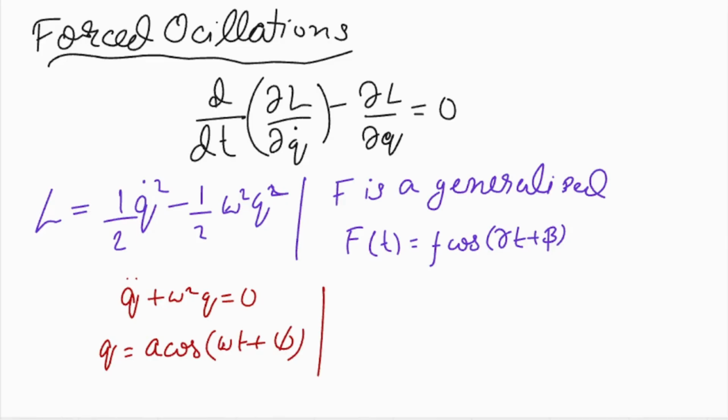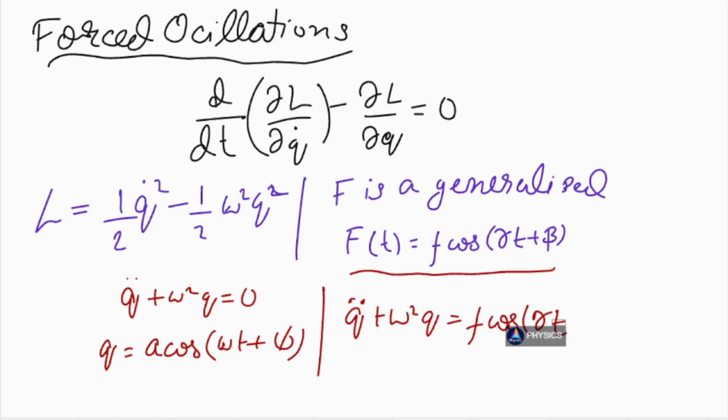But if we add up an inhomogeneous part, when we are adding this force to it, we are actually not getting this differential equation to be 0, but we are getting it to be F cos gamma t plus beta. Okay, so this is a non-homogeneous equation.